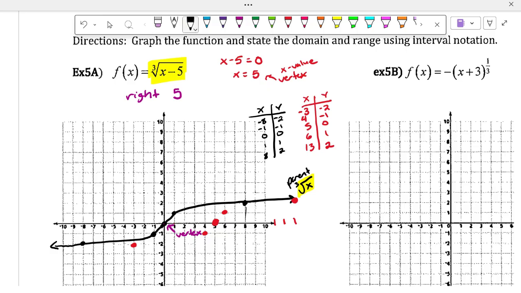All I'm doing is that the y values are going to be the same because there's nothing being added or subtracted or multiplied outside the radical. The only thing that changes is the x values. All right. So, in other words, I'm trying to figure out what x value would give me that same y value. That's the way you can think about it.